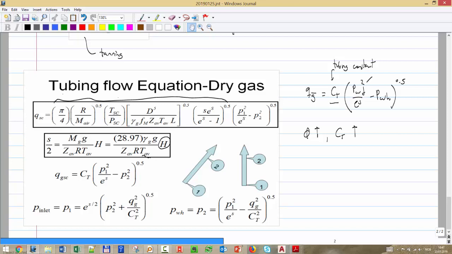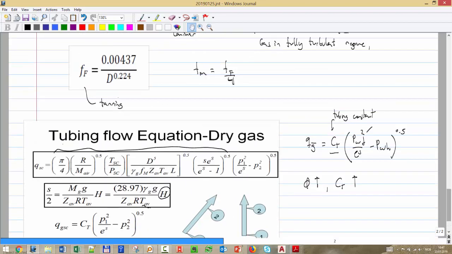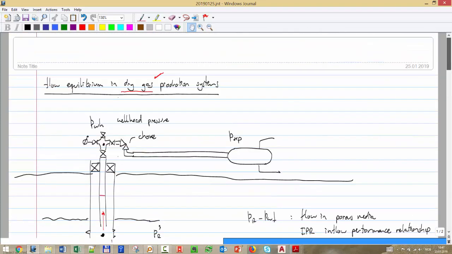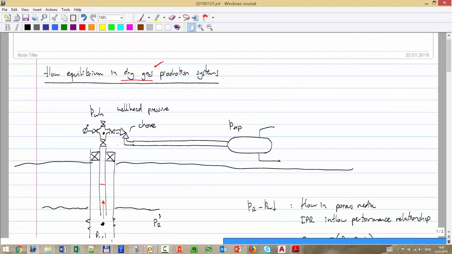Okay, so that's the equation we are going to use. And we have one more part, actually two things in the puzzle here, right? Now we want to move from this wellhead pressure to the downstream of the choke, right? We are following the flow.